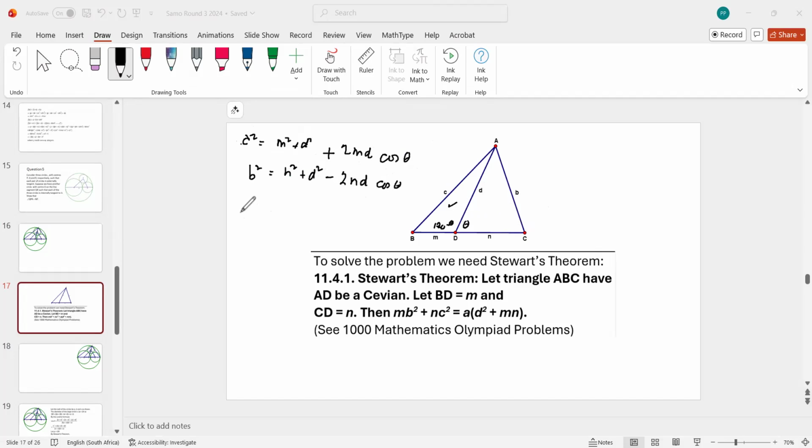So I multiply this by n, I want mnd, so mc squared, plus, multiply this by m, mb squared, is equal to, now I'm multiplying this by n, so I have m squared n plus nd squared, and then multiplying this by m and adding it, plus mn squared plus md squared.